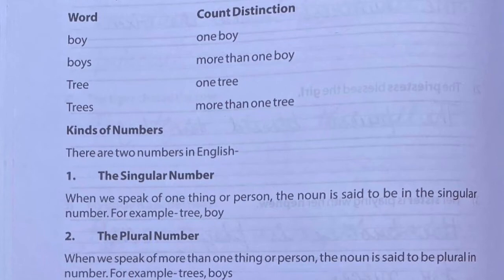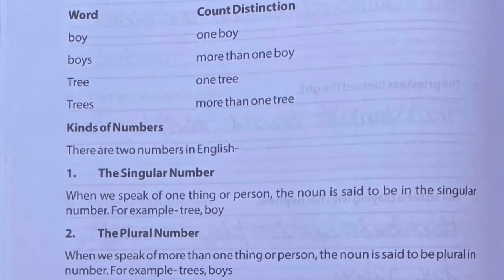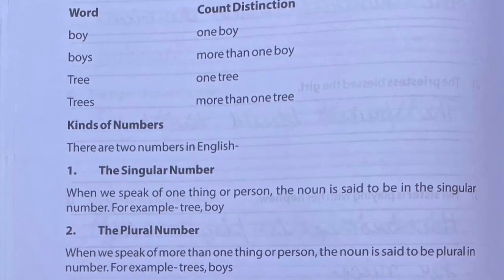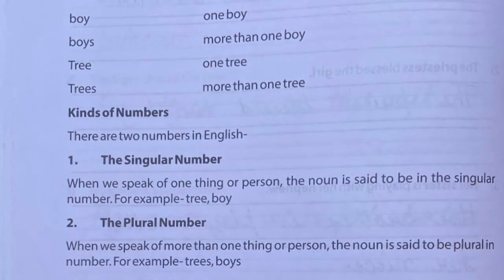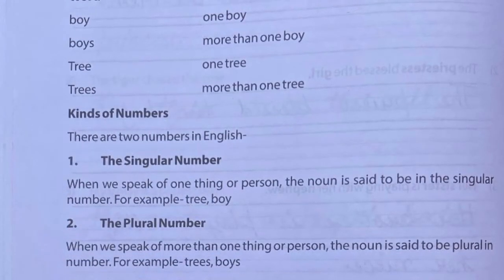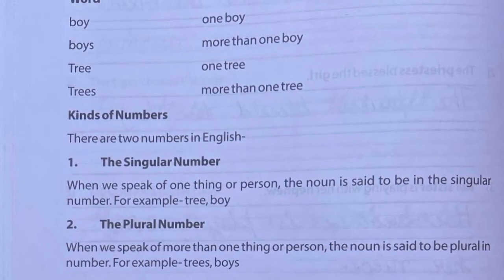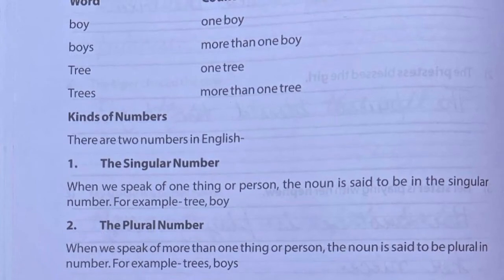So singular number talks about a single person or single thing, and plural number talks about more than one person or more than one thing. So this is singular and plural number. I hope you have understood the difference between singular number and the plural number.